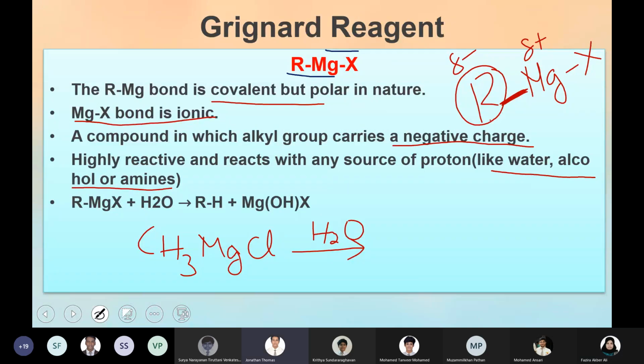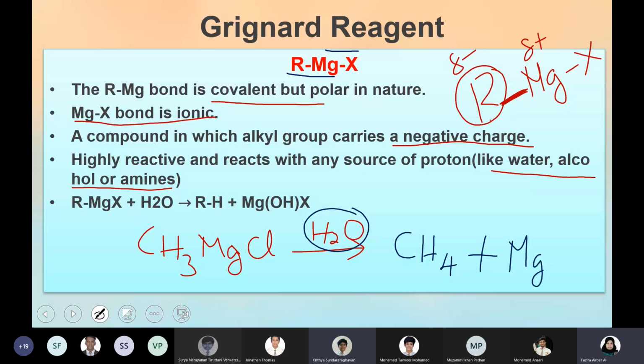Ma'am, CH4. CH4, because it has a tendency to take protons from the reagent like H2O. So that proton will be added to the carbon chain and the byproduct will be MgOHCl. Ma'am, so in Grignard reaction, the proton will replace the MgX, right?